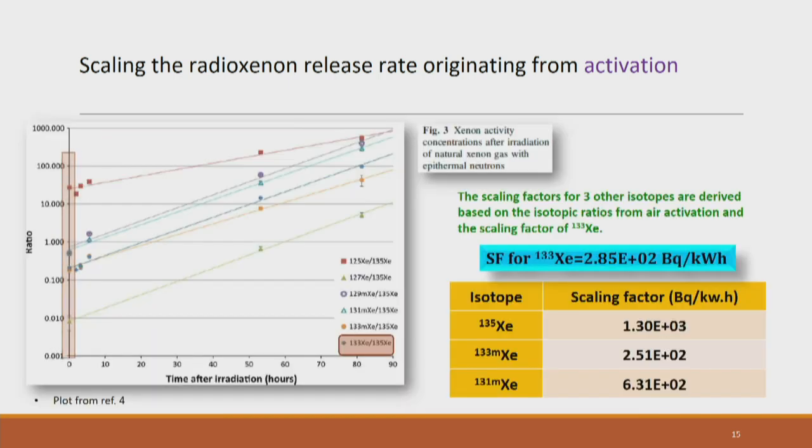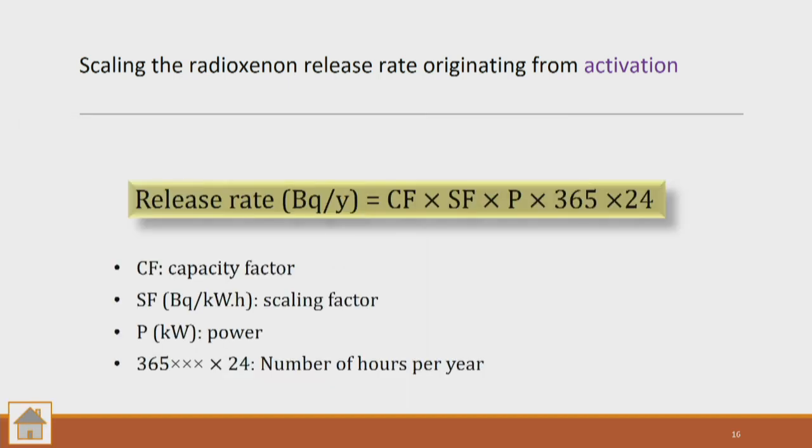For the other isotopes of xenon, we use the activity ratio from air activation, and by considering the scaling factor of xenon-133, we can obtain the scaling factor for the other isotopes. So the release rate can be calculated for activation based on this equation, which is capacity factor multiplied by the scaling factor and the power of the reactor, and the number that converts year to hours per year.